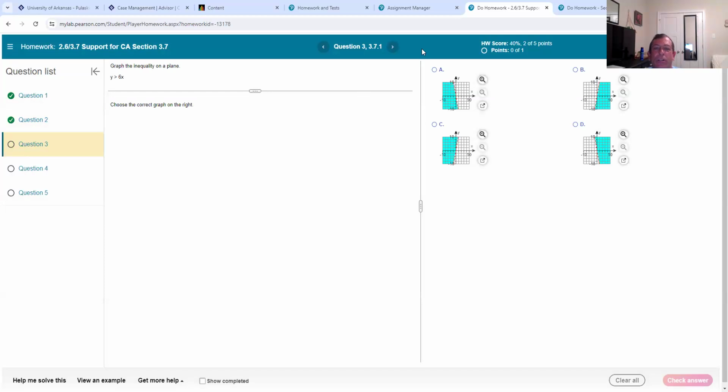All right, so this is where it starts getting into shading on this. So let me, what do I got? y greater than 6x.